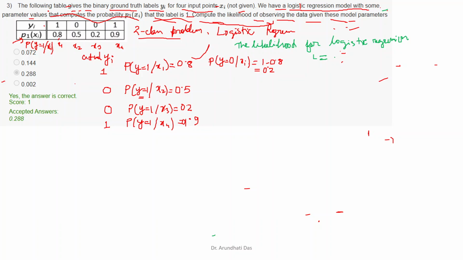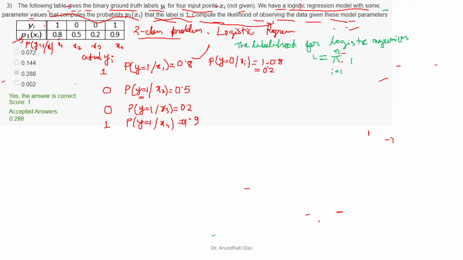It is a product, the product from i equal to 1 to n, considering that n data points are there.